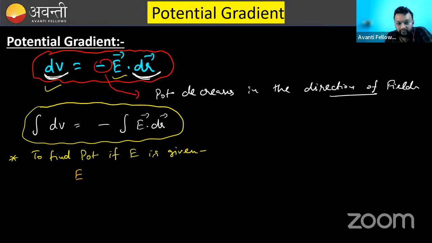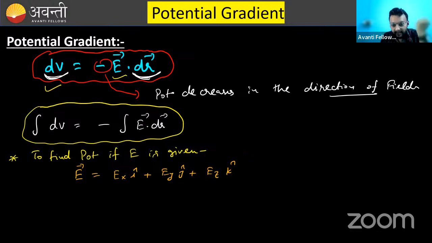Generally, in vector form, field is given as Ex i cap plus Ey j cap plus Ez k cap. Don't worry, it may look like something very horrible or terrible.